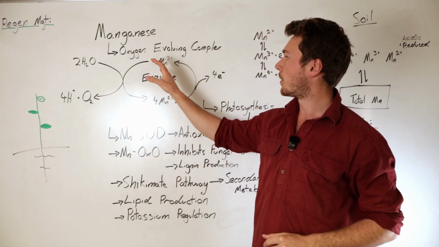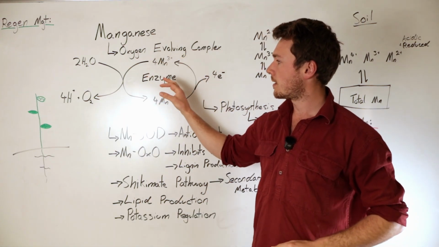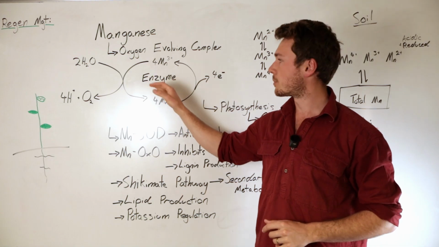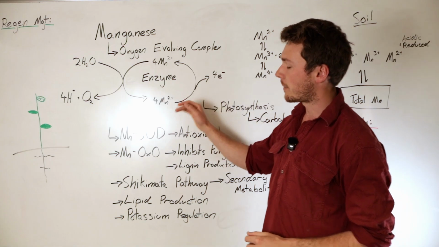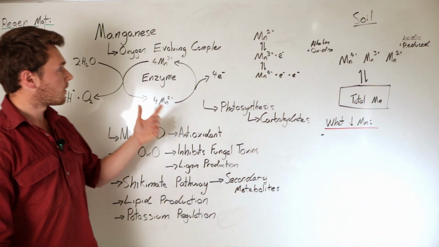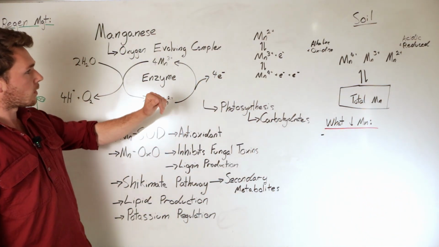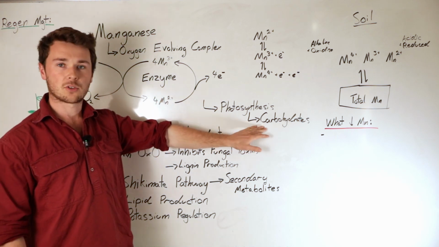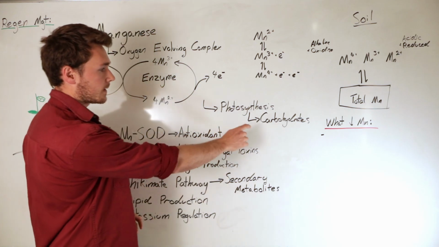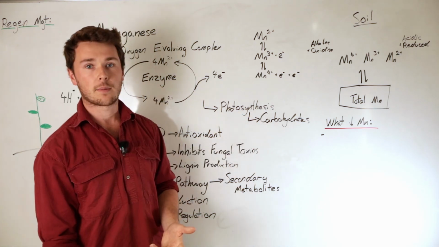So super important. You also find with this that I think the water efficiency should improve, but the most important factor is the increase in carbohydrates. So the water hydrolysis and the oxygen evolving complex is required for photosynthesis and therefore carbohydrate production. Everything else really stems from this, even a lot of the other benefits from manganese.